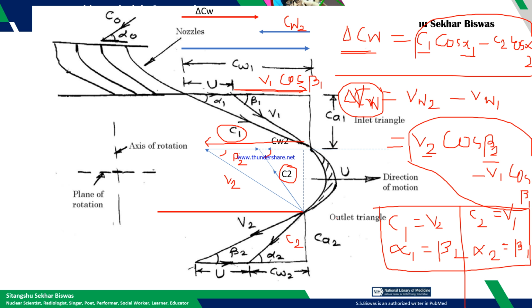If you consider that the absolute velocity of the steam at the inlet is equal to the relative velocity of the steam at the outlet, and the relative velocity of the steam at the inlet is equal to the absolute velocity of the steam at the outlet, and alpha 1 is equal to beta 2 and alpha 2 is equal to beta 1, then an impulse reaction turbine can be designed so that the impulsive effect contributes 50% and the reactive force contributes 50% for the rotation, to produce the torque of the turbine.